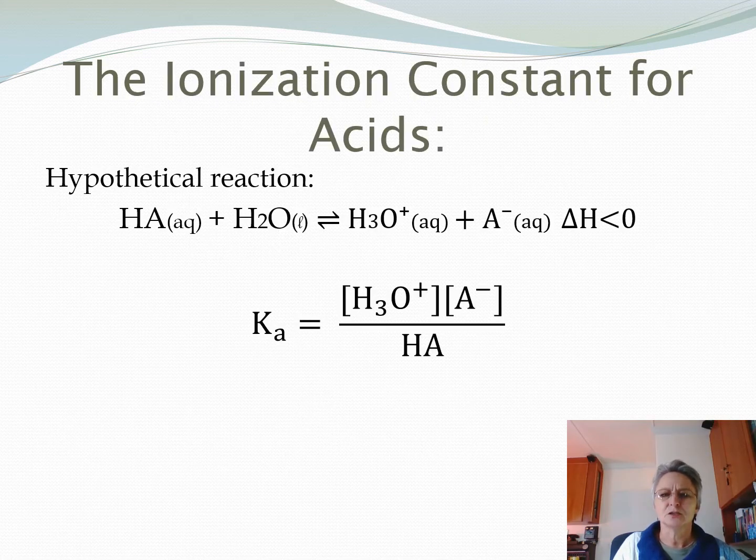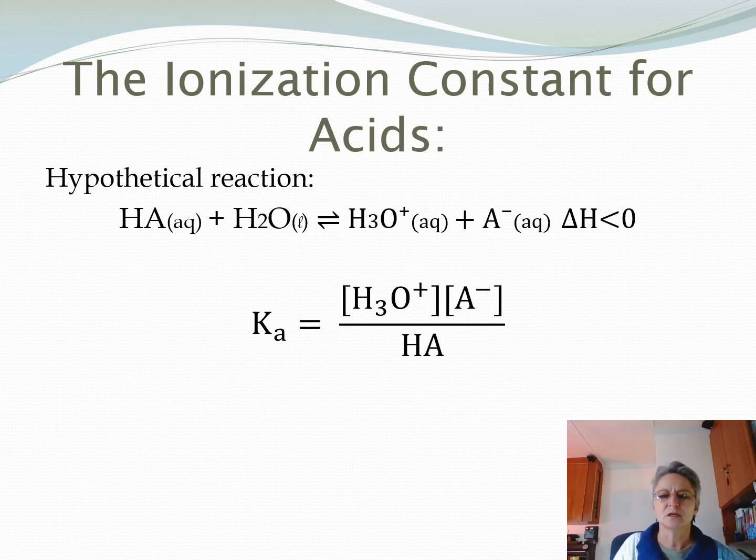The ionization constant for acids: the hypothetical reaction for an acid ionizing in water is given here. H represents the hydrogen ion. HA dissolved in water, a liquid, will be in equilibrium with the oxonium ion as well as the acid anion. This is usually an exothermic reaction.